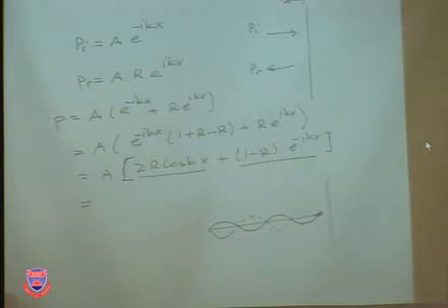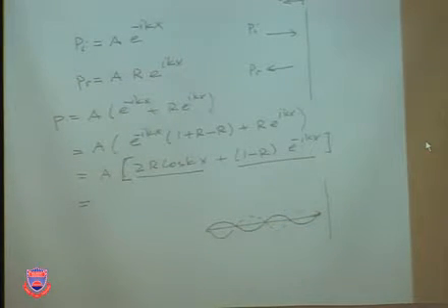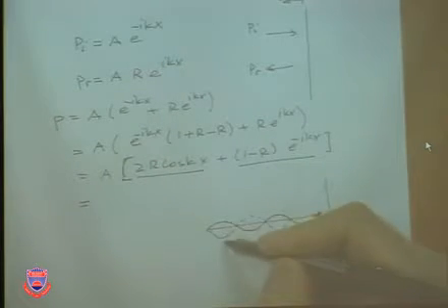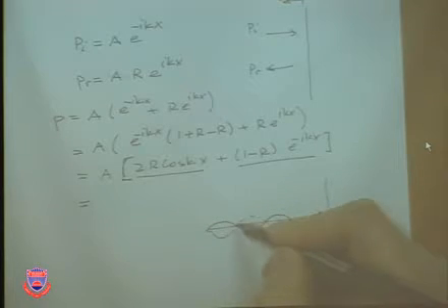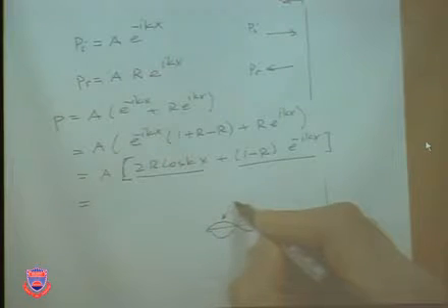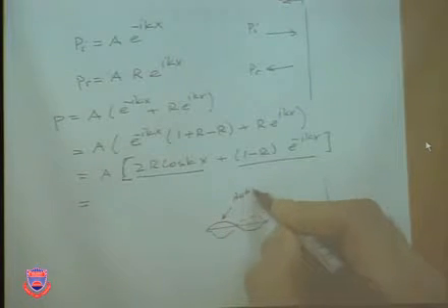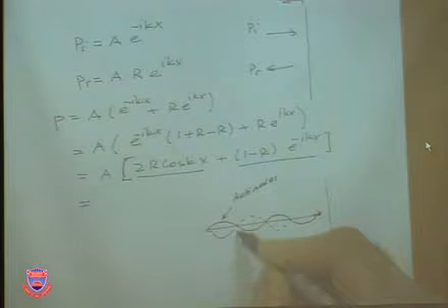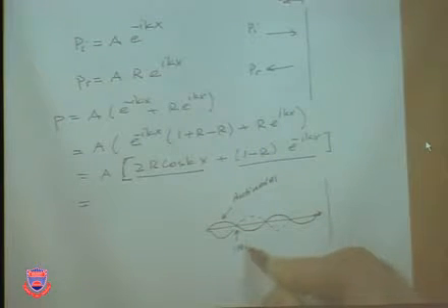If you continue to excite it, you have actually two progressive waves traveling in opposite directions, but when you look at it, the amplitude here is always oscillating back and forth. This is what's called a standing wave. These are the maximum positions, antinodes, and these are the nodes.